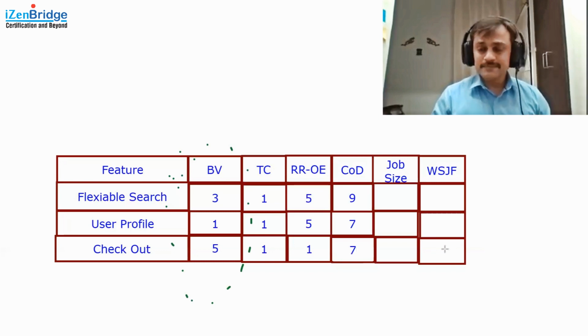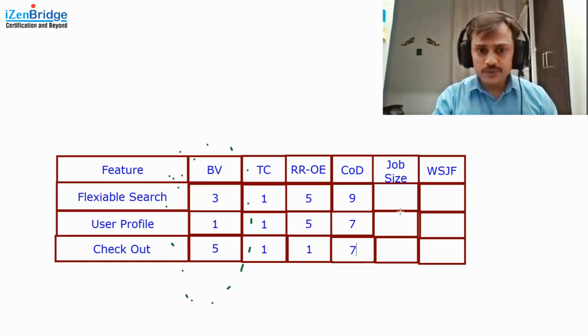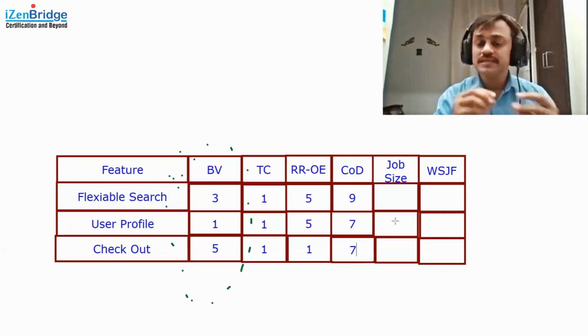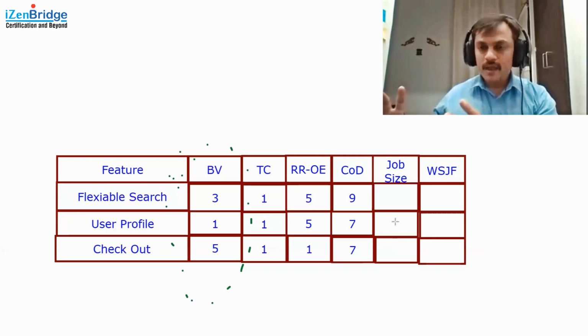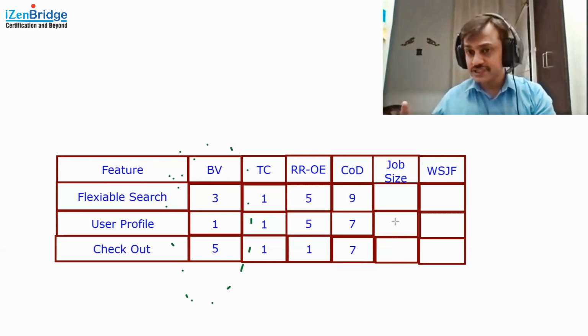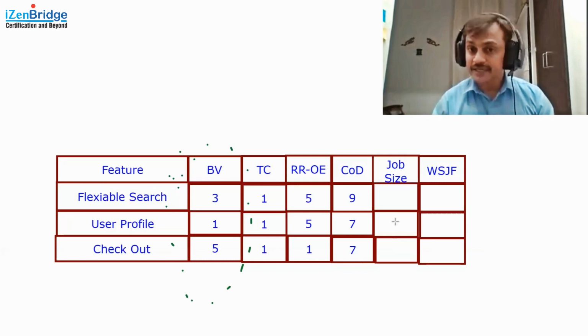Now, job size. Job size is more or less the same way we do story pointing, but again, it's a relative thing. I need to see out of these 3 which one is the smallest job. It is a system architect supported by some selected team members or people who have some technical knowledge, and product management plays a role in identifying the job size.